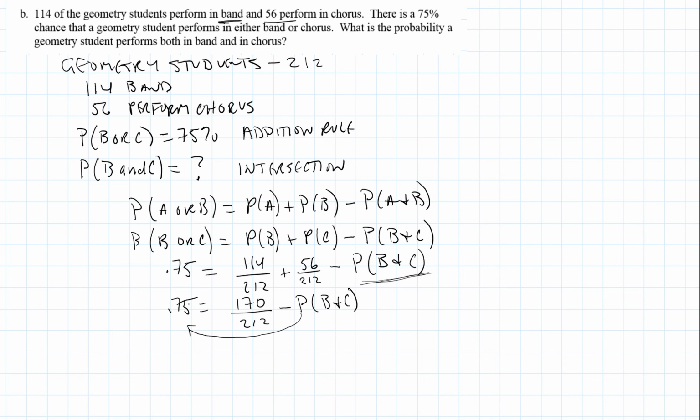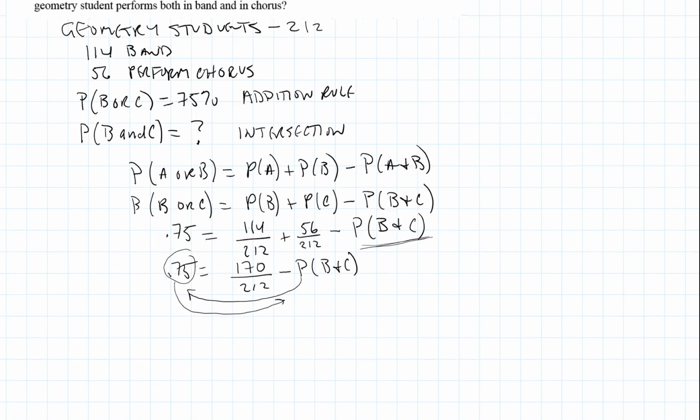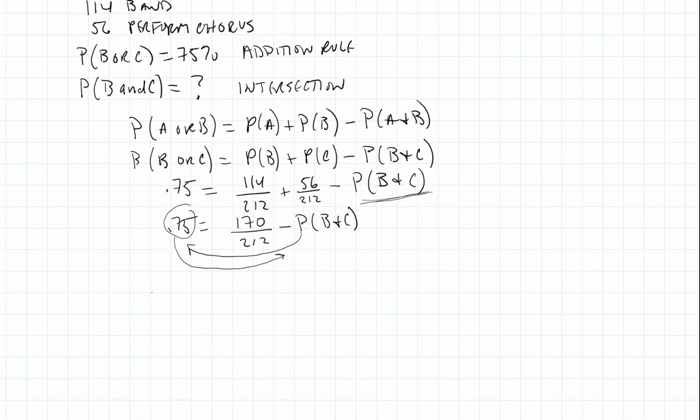And then I'm going to move this over here so I can isolate the intersection. So the probability of band and chorus equals 170 over 212 minus 0.75. So now it's just a calculator problem.